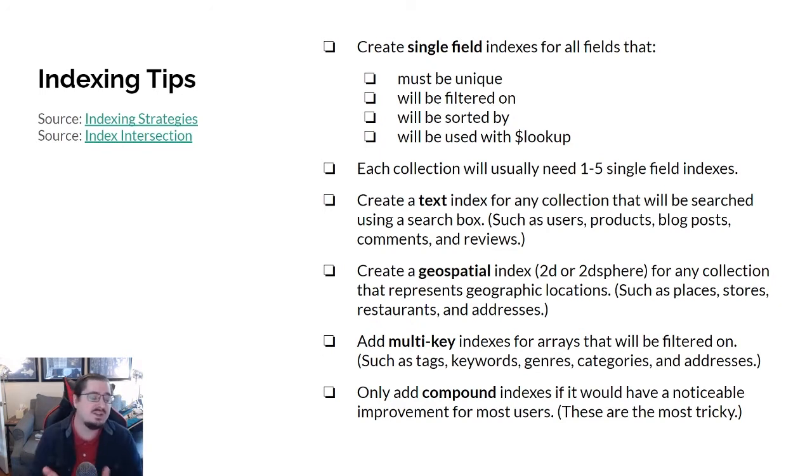If that column must be unique, then you should definitely create an index on it and mark that as a unique index. If that field is something that the user could filter on, say filter by category or filter by price, or all sorts of other things, filter by size, filter by color, if they're going to potentially be able to filter by it, you should index it.